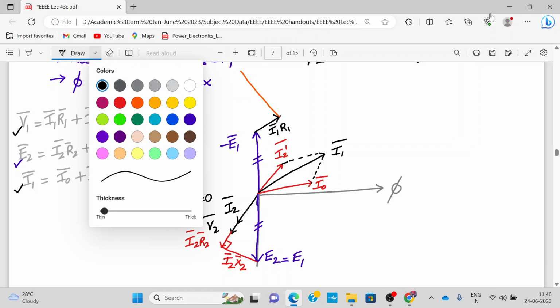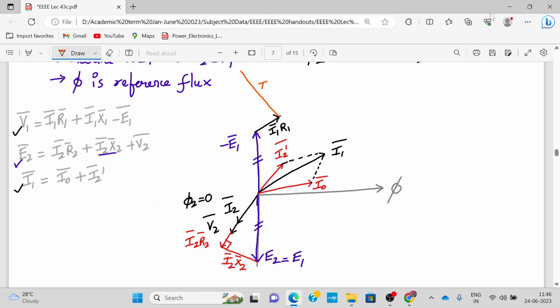What is this vector component? This is I1 X1, and it is drawn at 90 degrees like this. So if you draw it in your paper, it will be proper for you. This is I1 X1, this drop is I1 R1, and we have E1 bar over here.